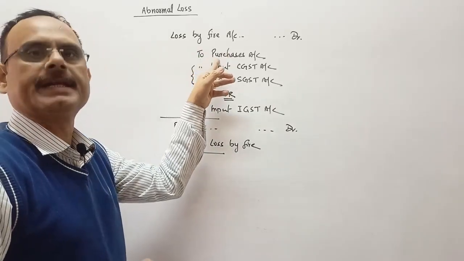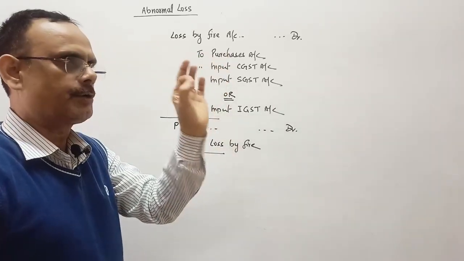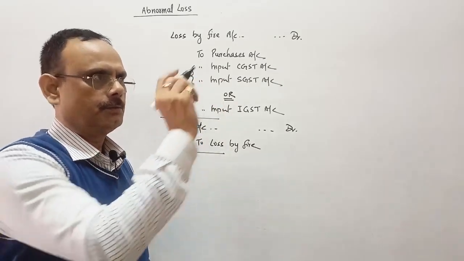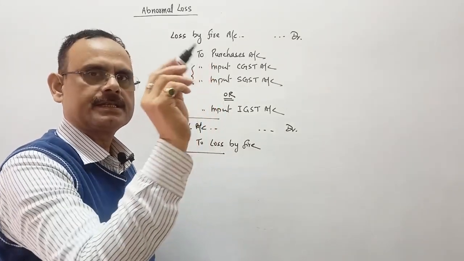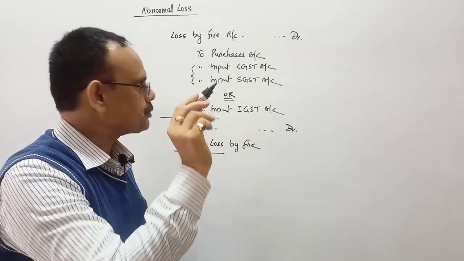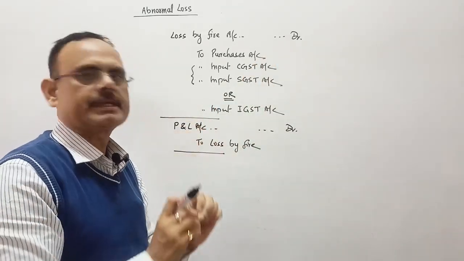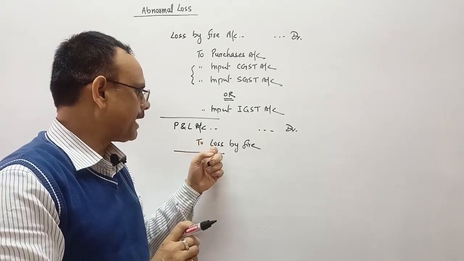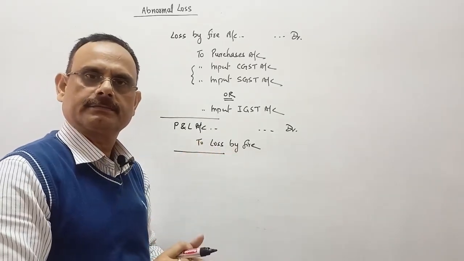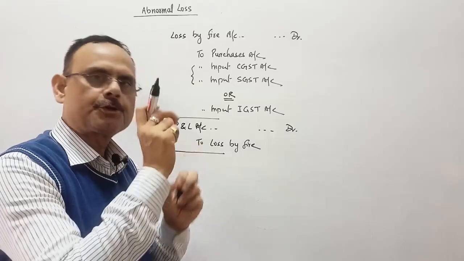Purchase is credited over here. So in trading account debit side, when we are writing the purchase, deduct this loss by fire amount. And in profit and loss account, in debit side you write loss by fire. So the entry will be at two places.